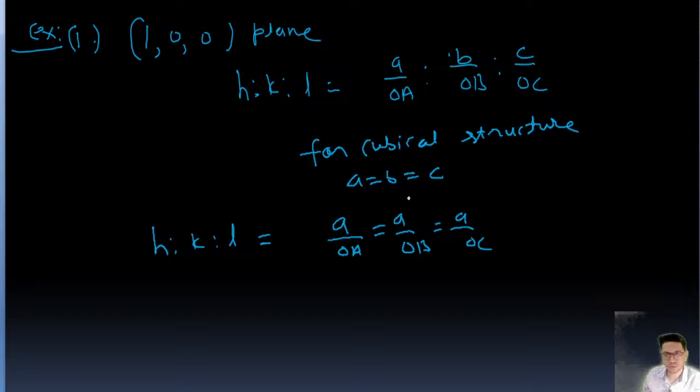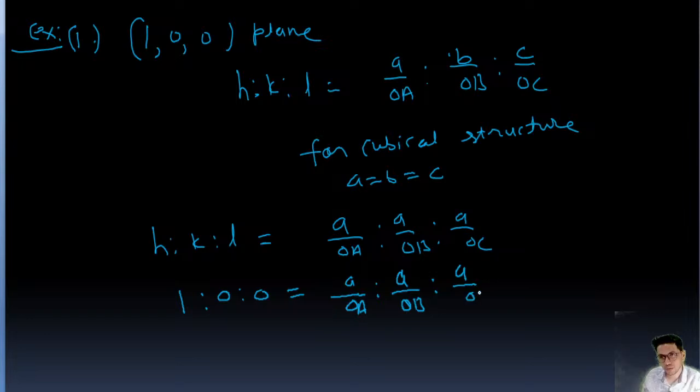My apology, this is not equal to, it is ratio. Now we'll put the value. So this is going to be 1 ratio 0 ratio 0 equal to A upon OA ratio A upon OB ratio A upon OC.